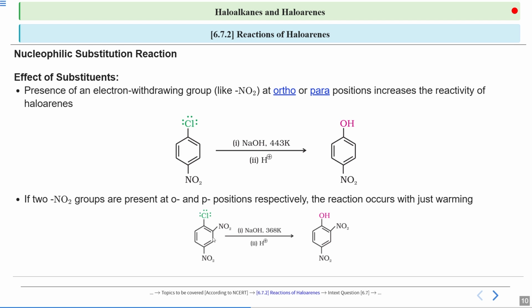So the presence of two electron withdrawing groups increases the reactivity of this haloarene, converting it into a phenol after the removal of chlorine at a lesser temperature, or you can say just by warming it. The presence of a nitro group or electron withdrawing group at ortho and para positions increases the reactivity of the haloarenes towards nucleophilic substitution reactions. Why? Because it is an electron withdrawing group, it withdraws the electrons of the benzene ring, and your benzene ring becomes available for the attack of the electron rich nucleophile.